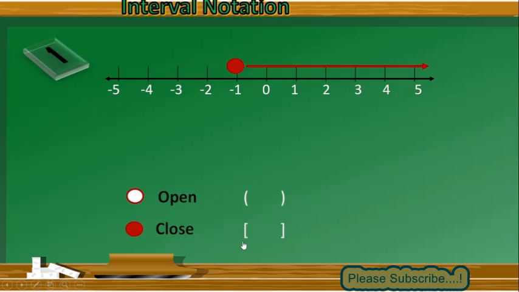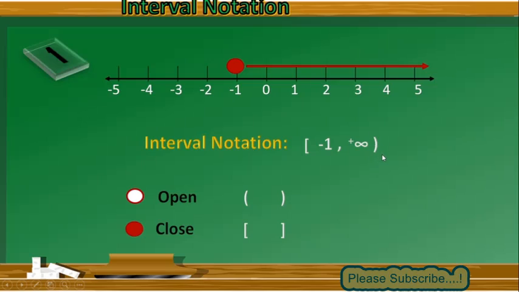Okay. To write our interval notation, we will first write the bracket. Then we will put -1, comma, positive infinity, then parenthesis.